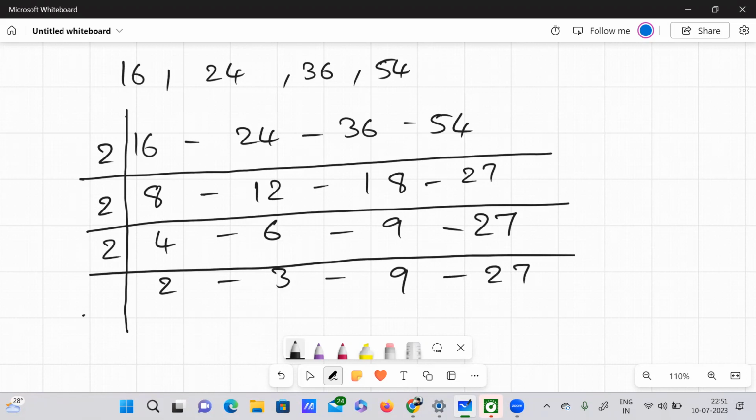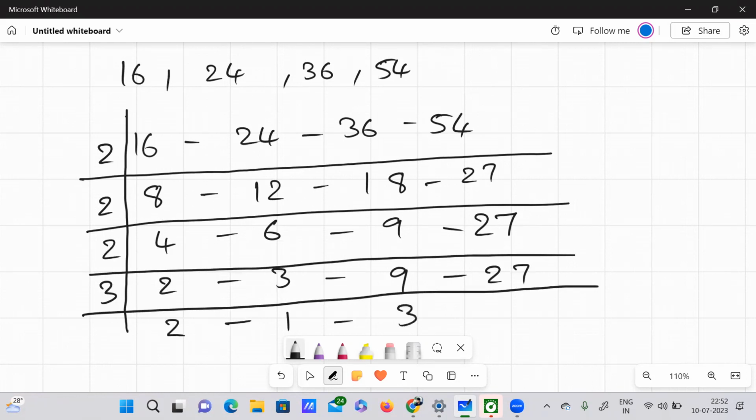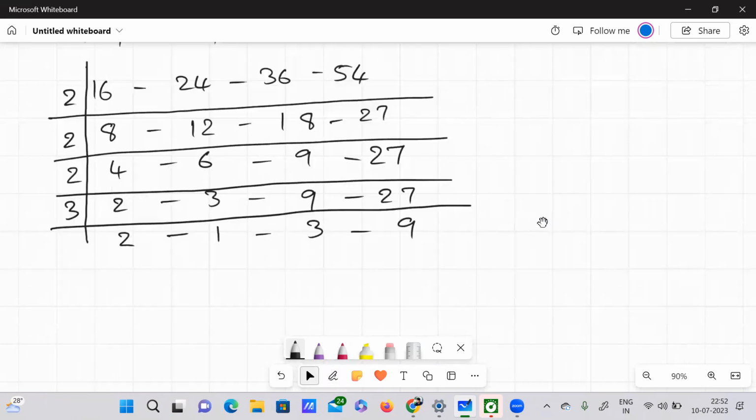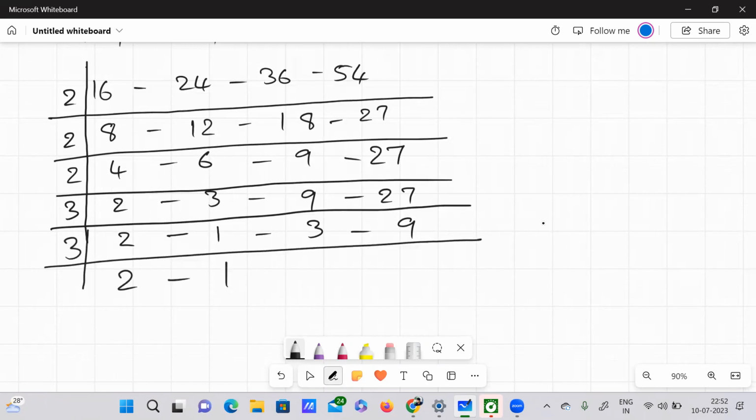We can also drop it as it is, and now this time you can use 3 here. 3 can't divide 2 completely, so I'm dropping it as it is. But here 3 ones are 3, 3 threes are 9, and 3 nines are 27, right? And now here we can also use 3 one more time, dropping, dropping, 3 ones 3, 3 threes 9, right?